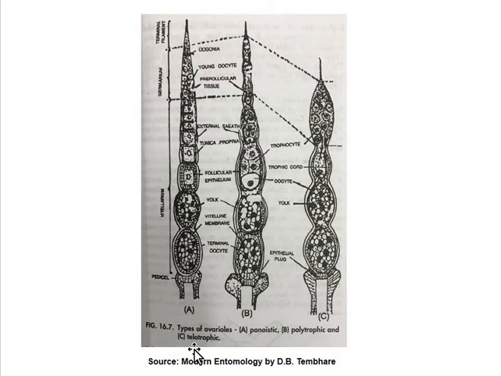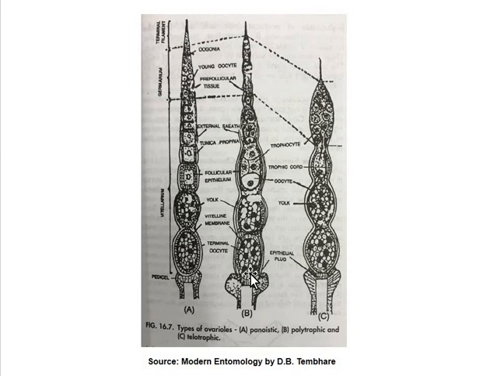Such a type of ovarioles occurs in Ephemeroptera, Odonata, Dictyoptera, Orthoptera, Isoptera, Thysanoptera, and Siphonaptera. Now this is about the panoistic type of ovariole.